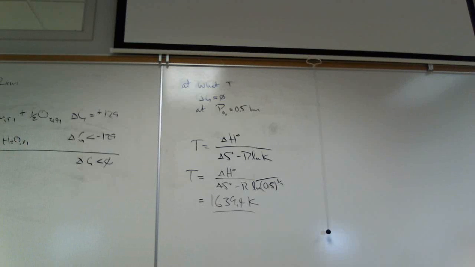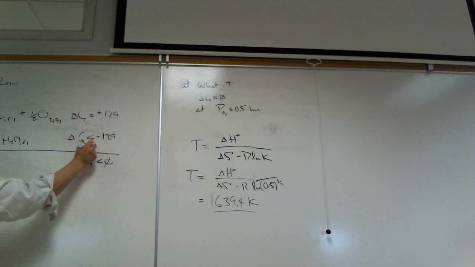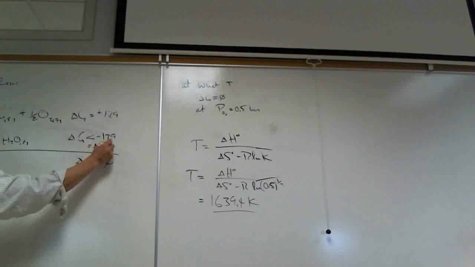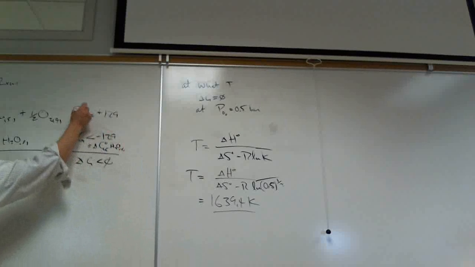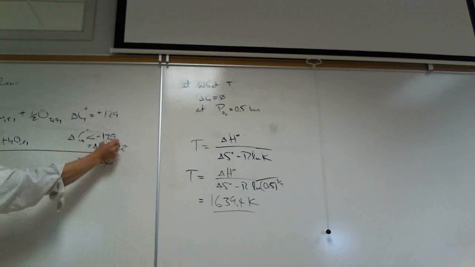Look at this reaction. Do you recognize this reaction? This is what we call a formation reaction, and therefore delta G for this one is equal to the delta G of formation of H2O liquid. And so what is the delta G of formation of H2O liquid? Someone look that up for me.